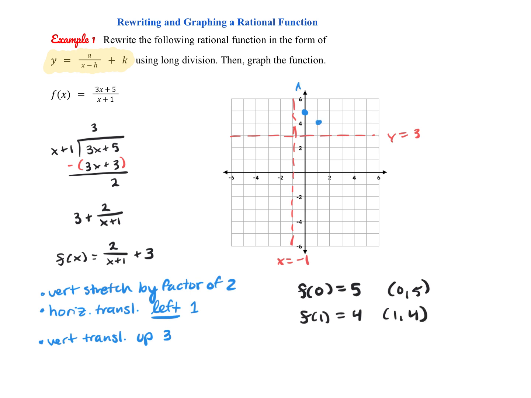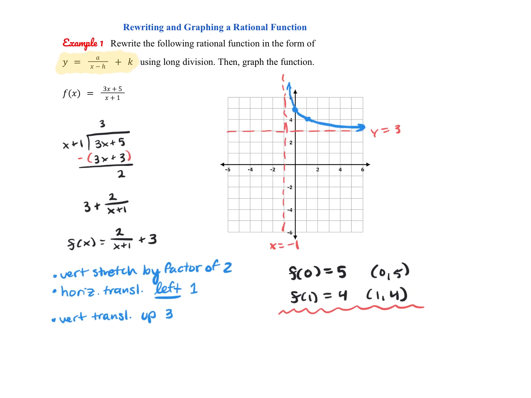So on the right side, our graph is going to do something like this. It's going to travel along our asymptotes, and we can guess that the other piece of our graph should be down here, but we'll still get some exact coordinates for the left side of our graph. So let's plug in -2. If I plug in -2, I have 2 divided by -1, so -2, plus 3 is 1.